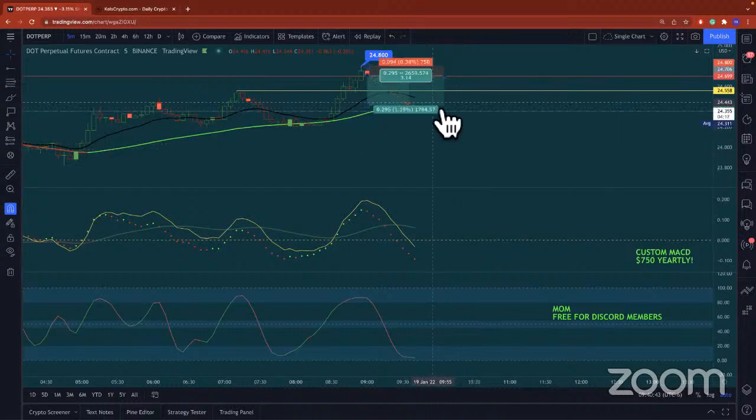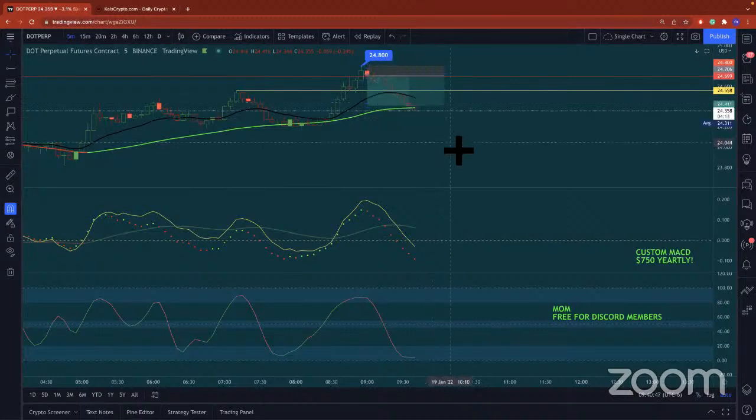Because now we're guaranteed 1.19%, which is 11.9% at a 10x. So that's what we want to do. That's where our new stop loss is.